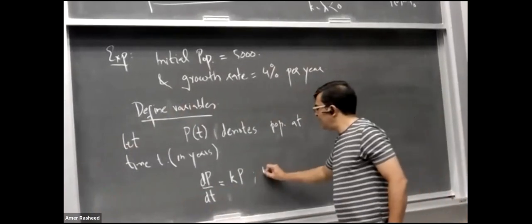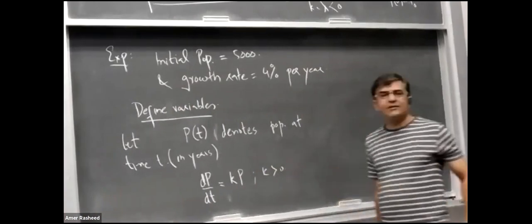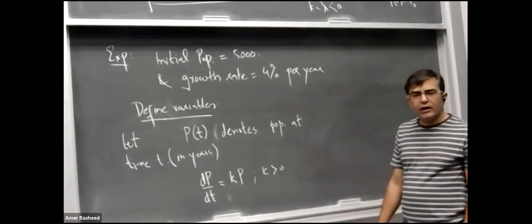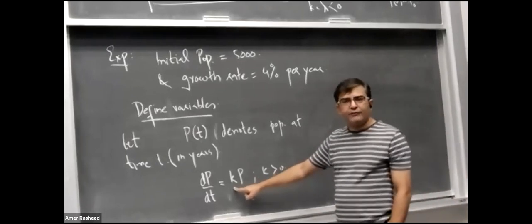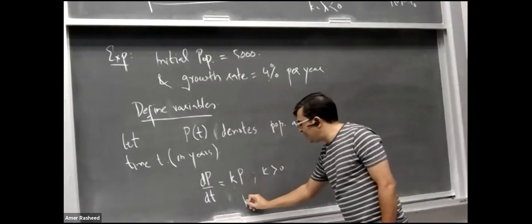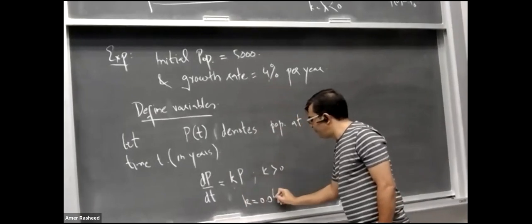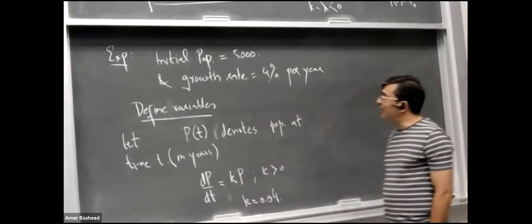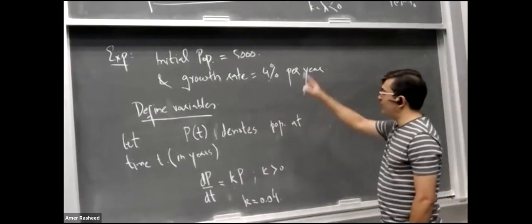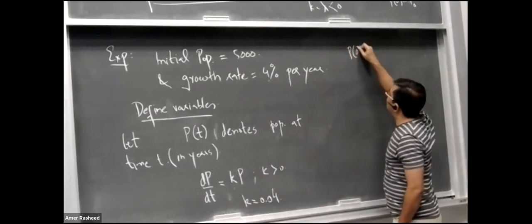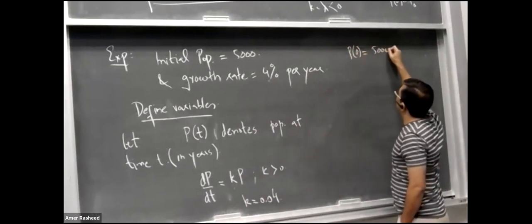K should be greater than 0, because K here is the rate of growth. What is the rate of growth? It is 4%. So K should be 0.04. And what is the initial population? Initial population is 5,000. So P at 0 is 5,000.